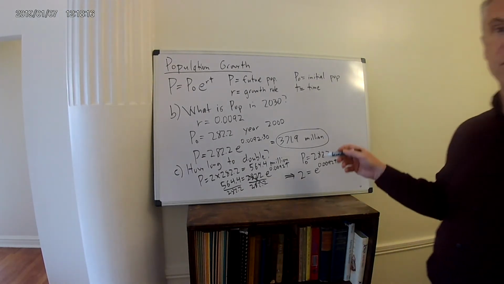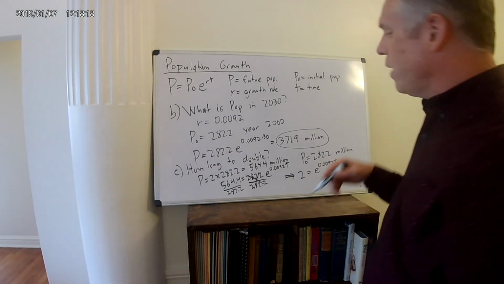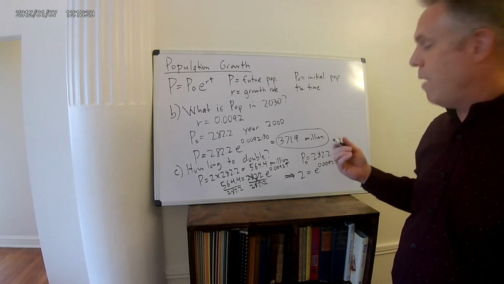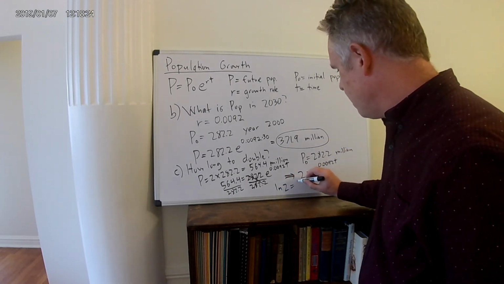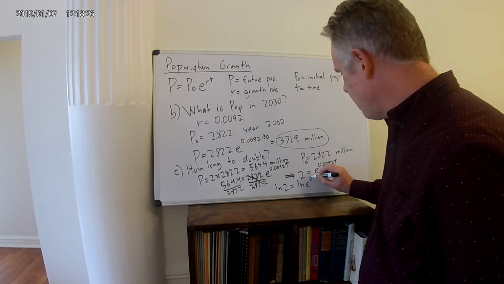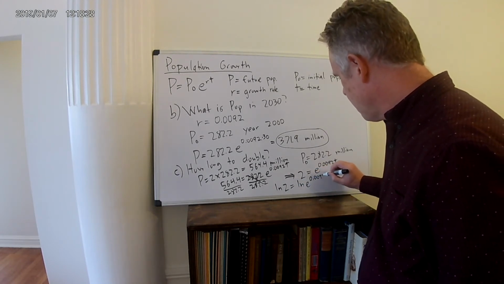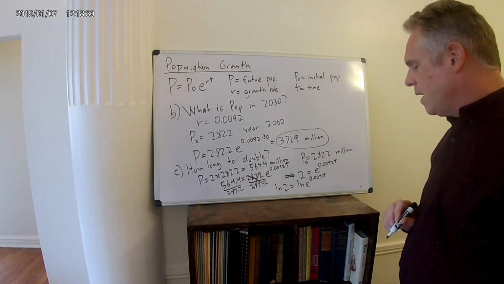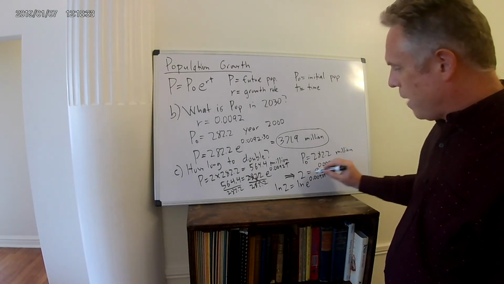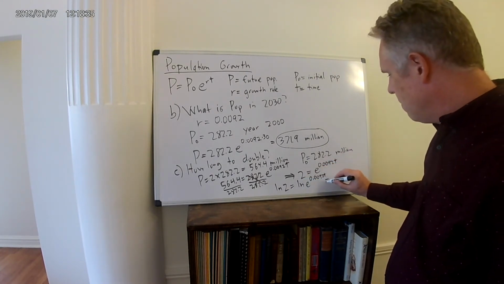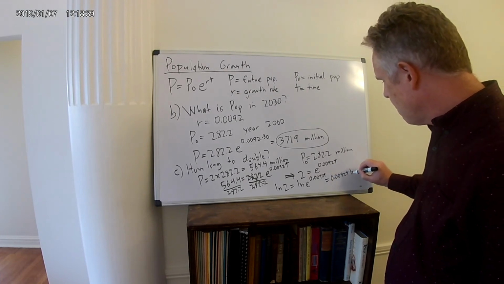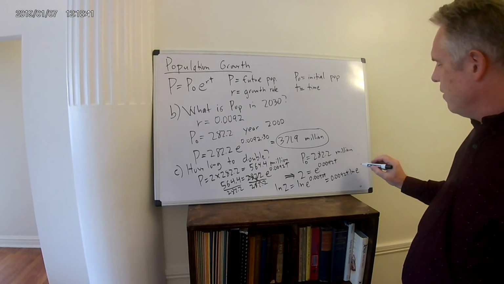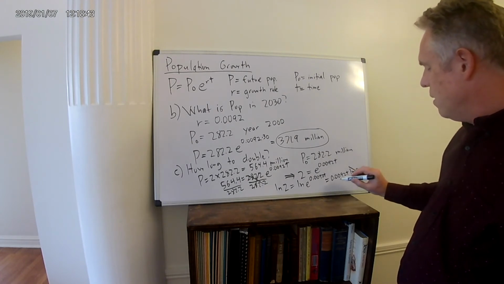And then we have to solve this equation. And if you guys are thinking, take a natural log, you're right. We take a natural log of both sides. Okay? This is what we get. And then we can pull this power in front like we always do. Natural log of e is 1, so that goes away.